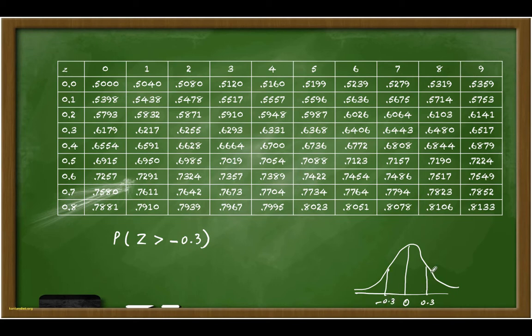This area will be the same as this area because these are symmetrical. So if you want to find the probability that z is greater than negative 0.3, you can alternately find the area of the other side, that is the probability that z is less than 0.3. They will have the same answers because this is symmetrical.